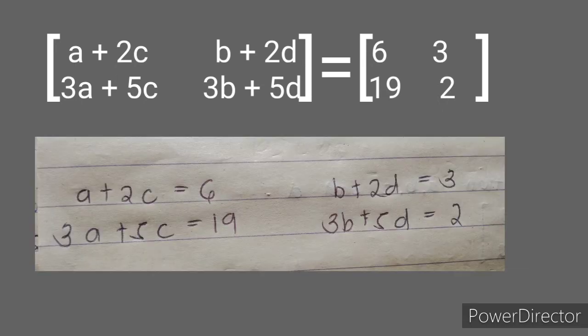We write this as A plus 2C is equal to 6, B plus 2D is equal to 3, 3A plus 5C is equal to 19, and 3B plus 5D is equal to 2. Using the four equations that we formed, we can now solve for A, B, C, and D.